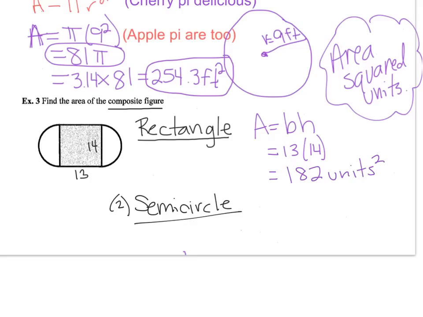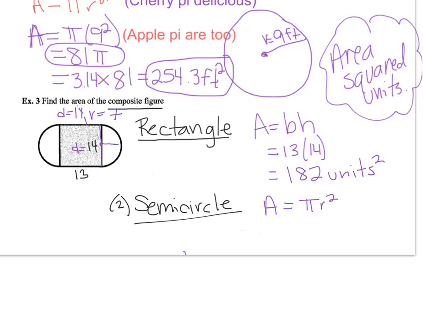If I'm thinking of this as a semicircle over here, and I know the diameter, it would be 14. Would you agree with that? If this is from side to side, we know the diameter is 14, but for the area of a circle, I need pi r squared. So if my diameter is 14, my radius equals 7.